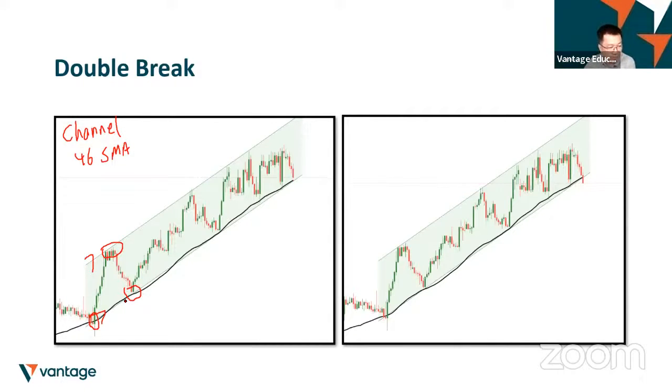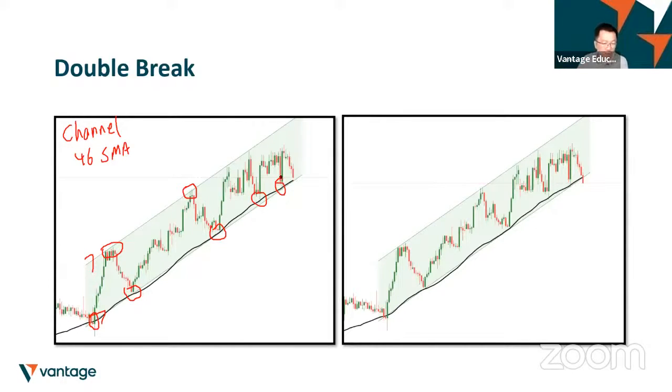In this case, we have it being supported at this point. We see it reject that resistance level of the channel, again supported by both the channel and the SMA, and again here, and again here.